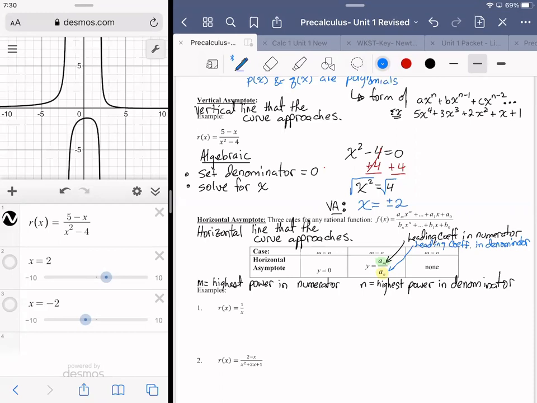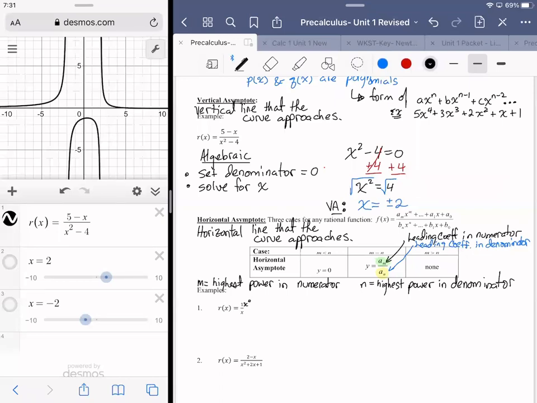Right. So looking at the first example, it says r of x is equal to 1 over x. We're first going to classify based off of the relationship between the powers. Right. So that numerator of 1 has an assumed x to the 0th attached to it. Any number has an assumed x to the 0th attached to it. We'd never write it, but if it's a polynomial, that's assumed because x to the 0th is equal to 1, and 1 times 1 would be 1.